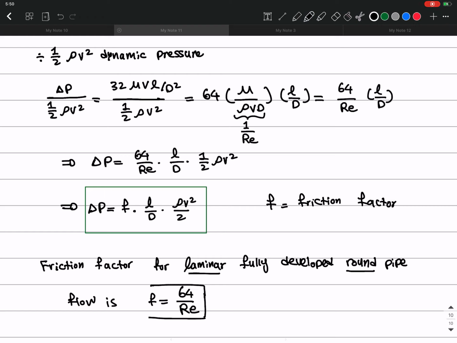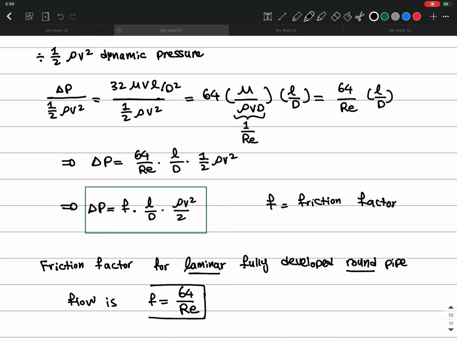Very interesting formula. So this gives us the pressure drop in a pipe flow that we can find for a laminar flow. It's only a function of Reynolds number.